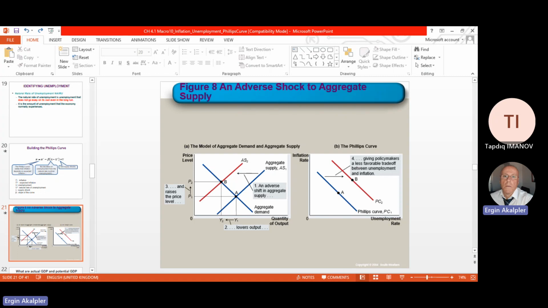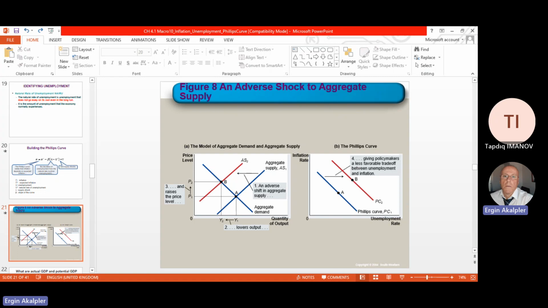And the result of this is lowering the output, and lowering output causes the price level to rise, because as you see, the output is reduced and the price is shifted, and vice versa, the price is going up because the output is lower. And as a result of all this, on the Phillips curve there will be an enlargement and a shift outward from the origin.